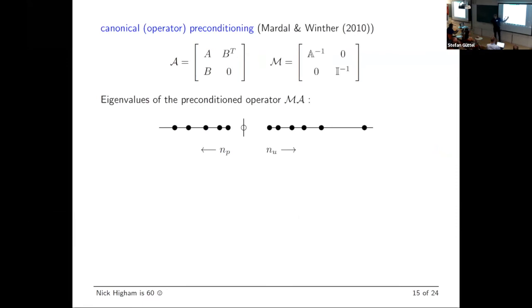There'll be another cluster on the left, because you preserve the inertia of the system. For this system, if nu is the number of velocities, you have nu positive eigenvalues, and if np is the number of pressures, you have np non-positive, could be zero, eigenvalues. So you're preserving the inertia. Preconditioning is only about clustering. It's not about reducing the condition number.